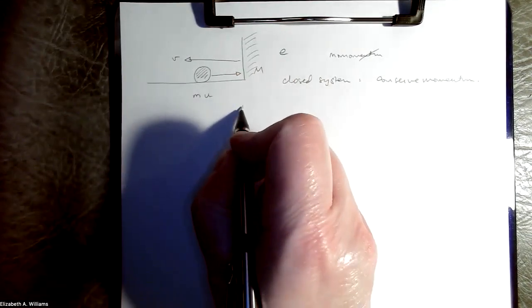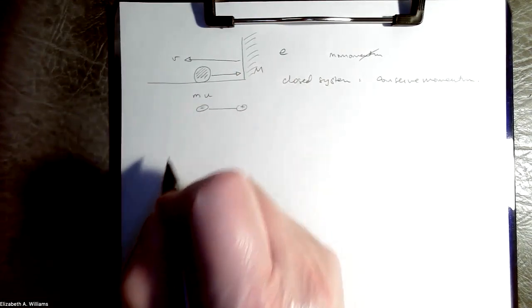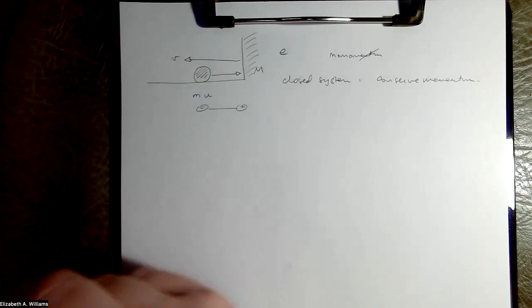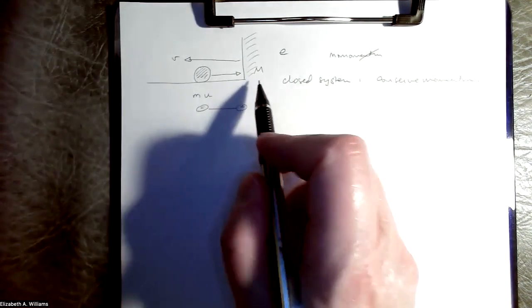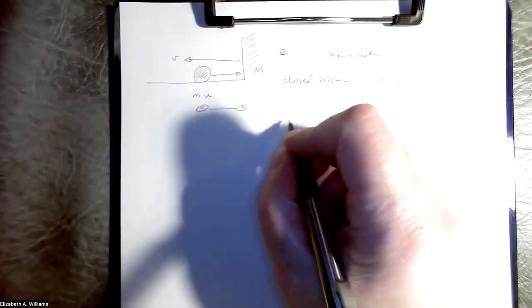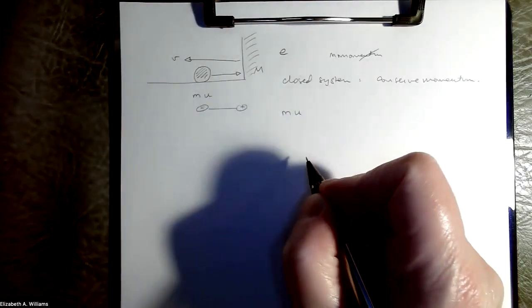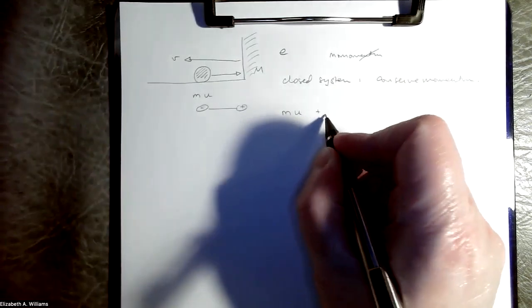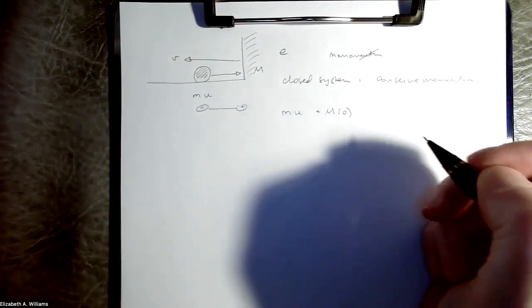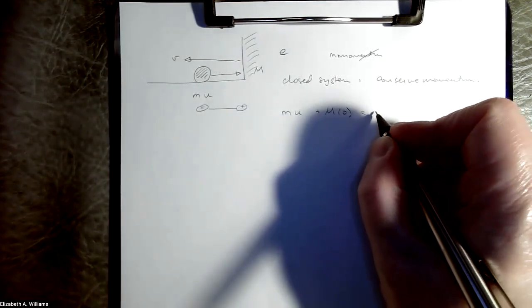I'll take right as positive and to the left is negative, so I know that v is a negative number. And I know that the wall is stationary throughout. So if you do momentum before, our little sphere's mass times its initial velocity, and the mass of the wall times its initial velocity, that should equal the final stuff, right?